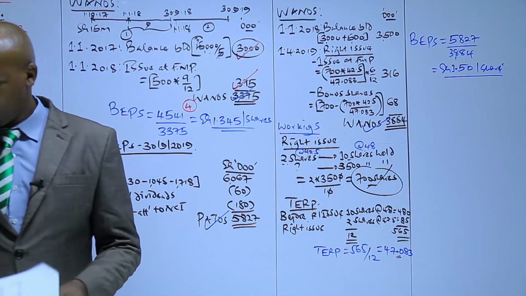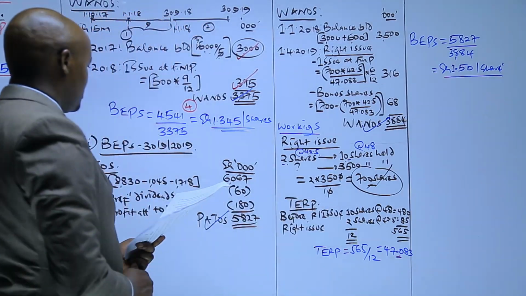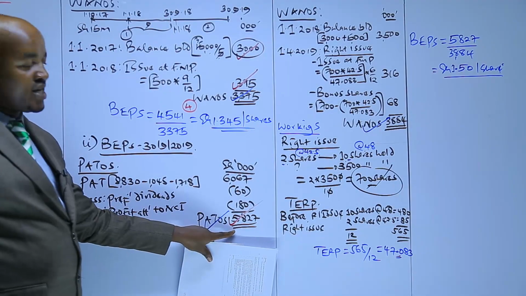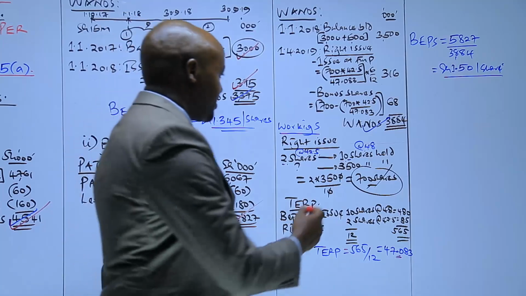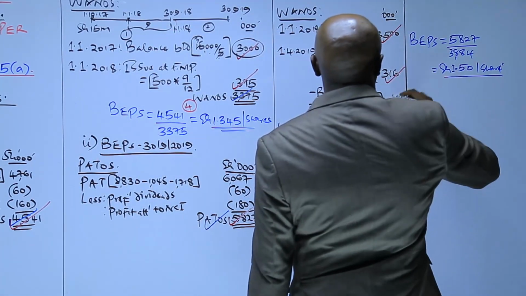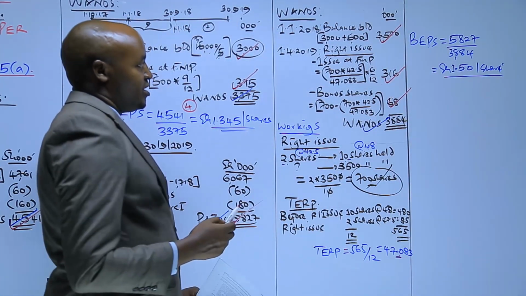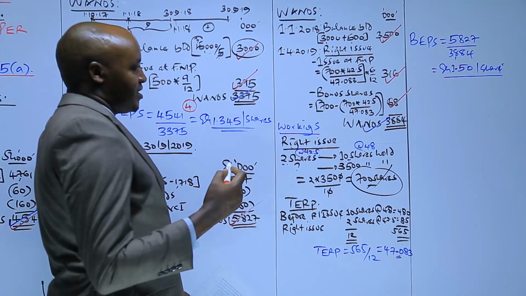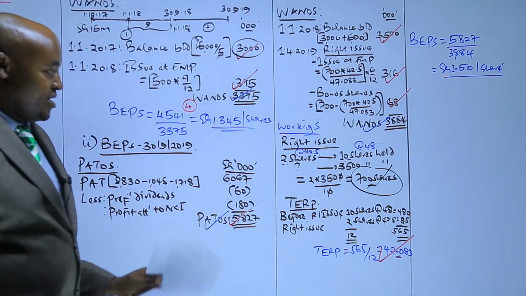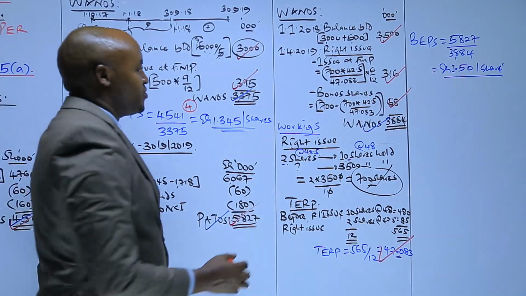And how many marks were allocated in that particular question? 6 marks. So this was one of the items to be marked: the profit attributable to ordinary shareholders, determining the number of ordinary shares issued and fully paid at the start of the year, computing the number of shares issued during the rights issue, splitting them into 2 components, shares issued at full market price and the bonus element, and also the theoretical ex-rights price, which is mostly allocated a mark because most students have a challenge computing it.